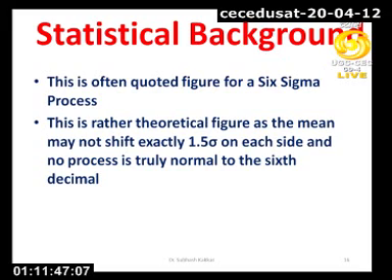This is rather a theoretical figure. We will call it only a theoretical figure, because actually the shift in the mean is not exactly 1.5 sigma. Sometimes maybe it is less than 1 sigma, but we have taken this figure as an arbitrary figure. And no process is truly normal to the 6th decimal place.